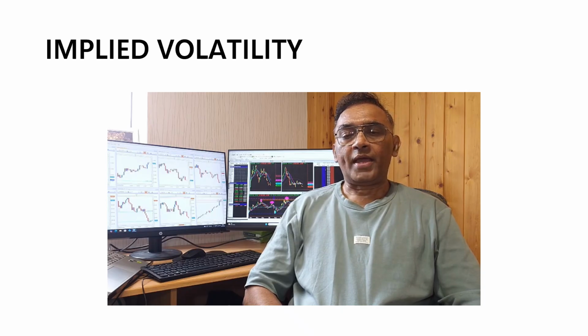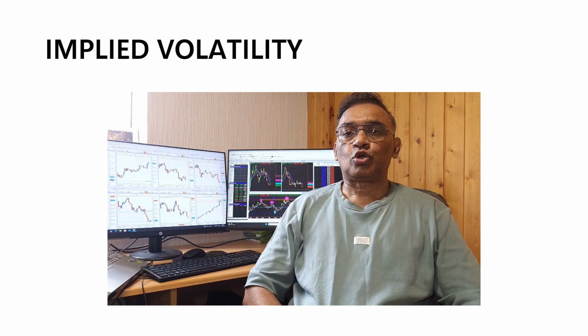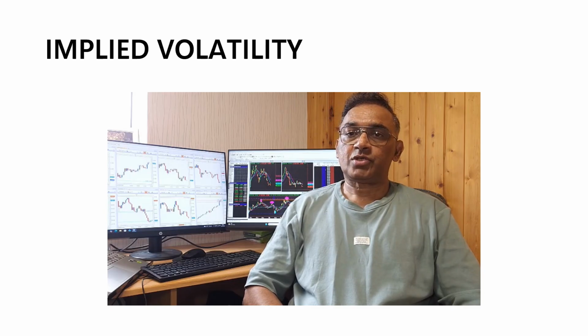Therefore, when we go into an option strategy thinking that the implied volatility is going to be high or low, it doesn't take a very long time for the market to change its direction and cause a drop or increase in the implied volatility in the market.